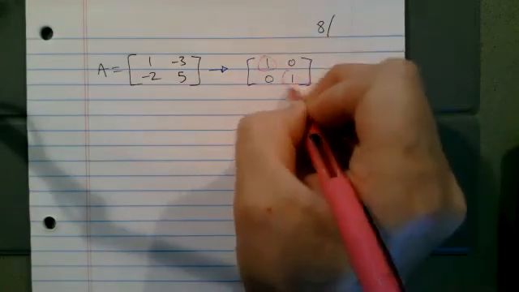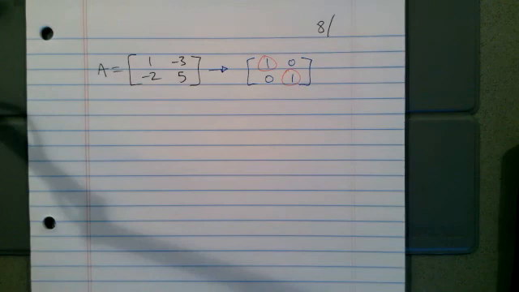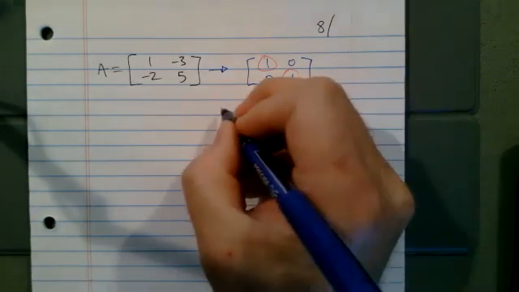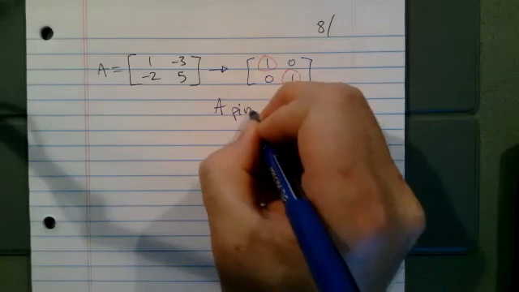There's a pivot in every row of the coefficient matrix, so there could not be a pivot in the rightmost column of the augmented matrix.